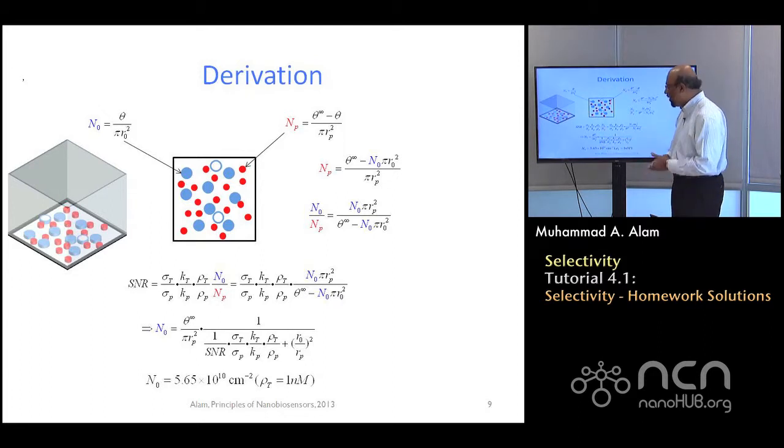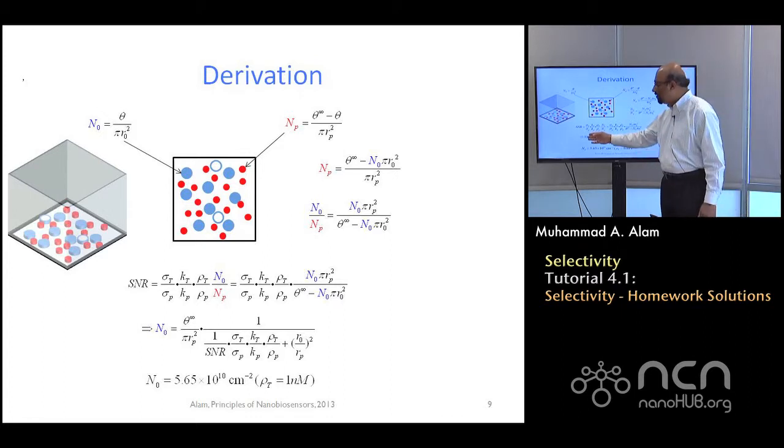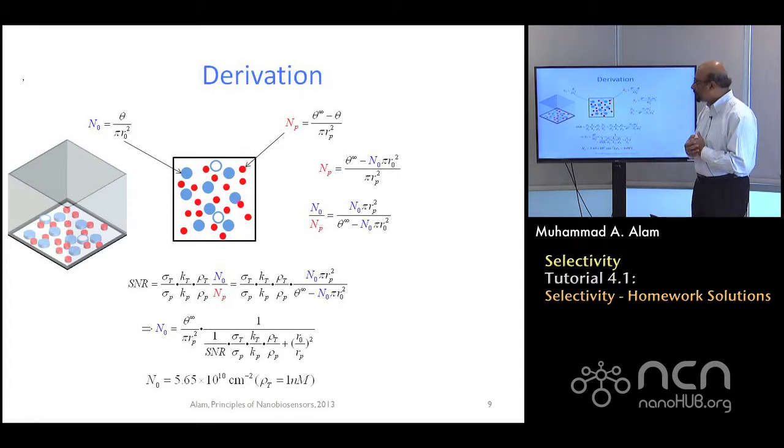So for example, we want a signal to noise ratio of 100. So SNR of 100 will go here, the charges will go here, the Kt and Kp, these things are known, and rho T, the density of target molecules, is already given, rho P is the density of the parasitic molecules, these are all given, radius unknown, and so you can calculate N naught.